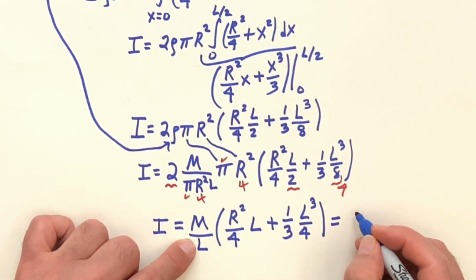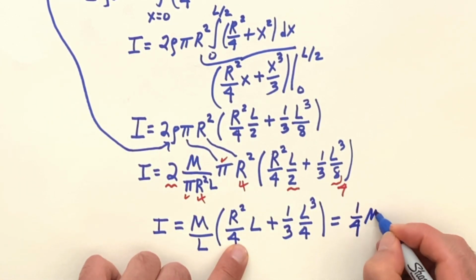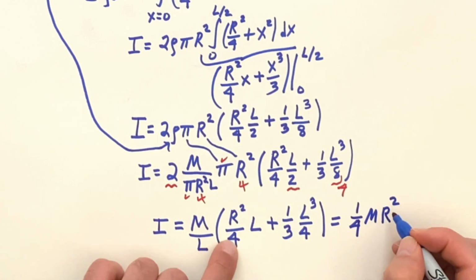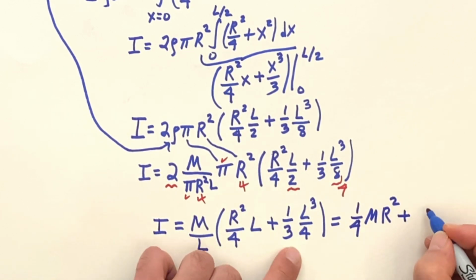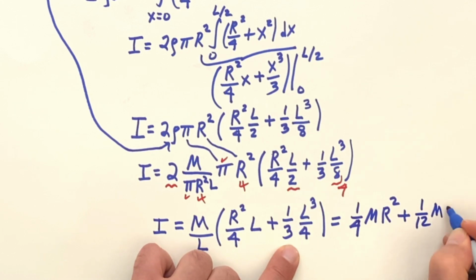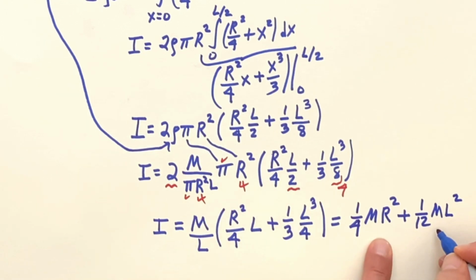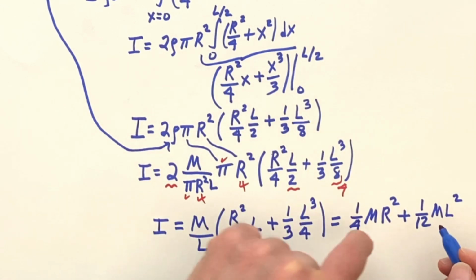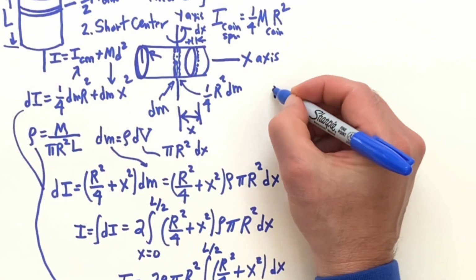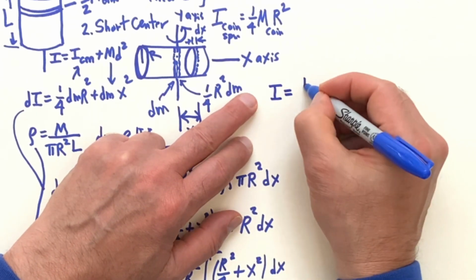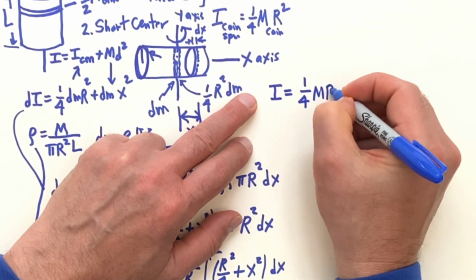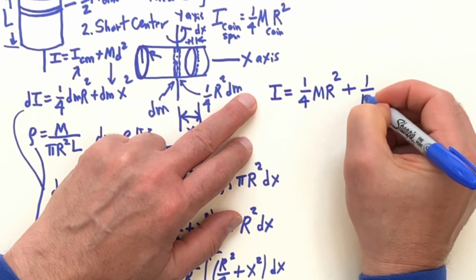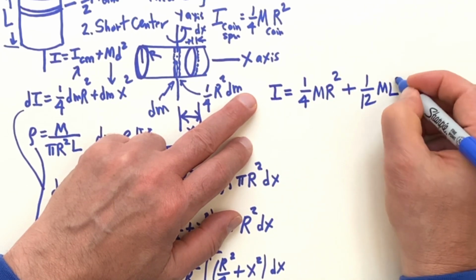So let's go ahead and get this to be 1/4 M R squared, so the L's cancel, plus 1/12 M L squared. I like this formula because I can see the extreme cases. Let's write this down again up here. Just simply copy 1/4 M R squared plus 1/12 M L squared.